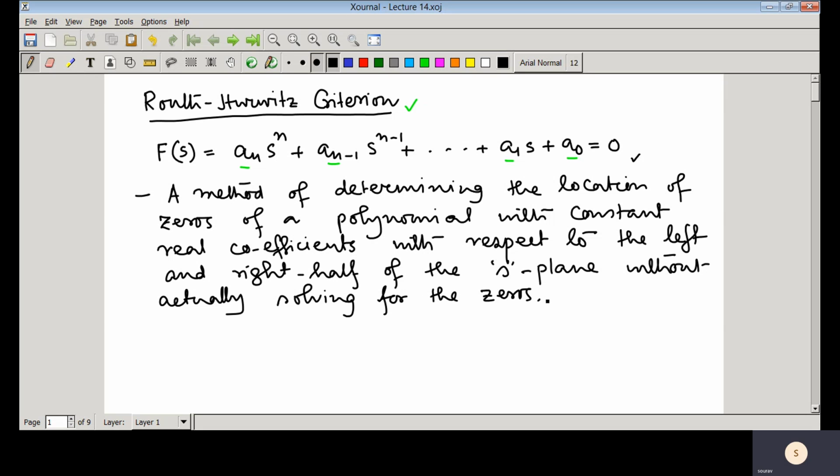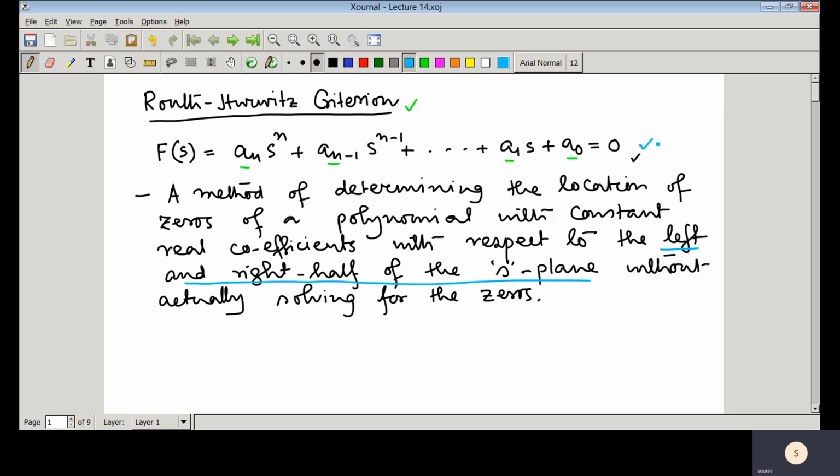It is a criterion used to check whether the polynomial has roots in the left or right half of the S-plane without actually solving it.